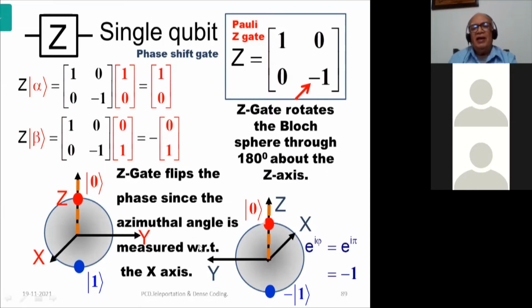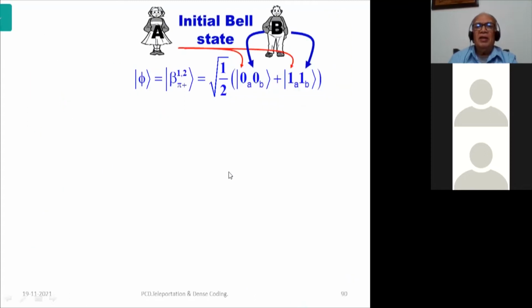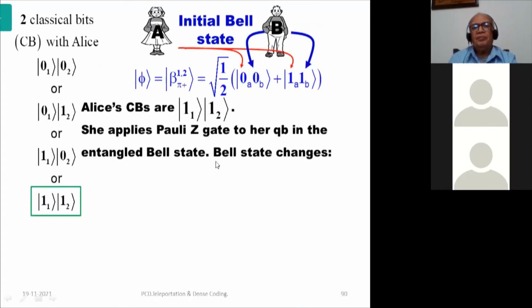The azimuthal angle is with respect to the zx plane, but the zx plane is the half zx plane. So the zx plane with only the side which has x greater than 0. And that side has now been reversed because of the rotation of the Bloch sphere about the z-axis through 180 degrees. So this is what Alice is doing now.